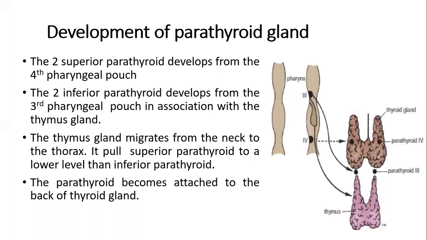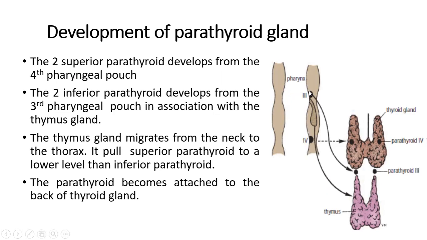Okay. Coming to the development of the parathyroid gland, it develops from the pharyngeal pouches. As you know, there are first, second, third, fourth, and sixth pharyngeal pouches, only five pharyngeal pouches. The two superior parathyroid glands develop from the fourth pharyngeal pouch, as you can see here. But contrastingly, the two inferior parathyroid glands develop from the third pharyngeal pouch.